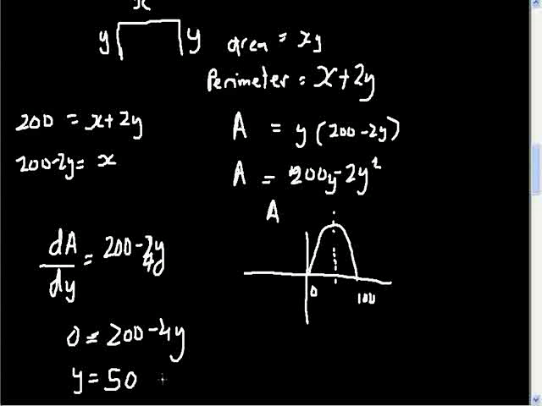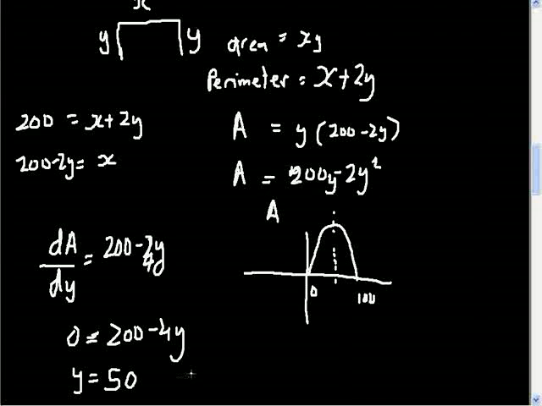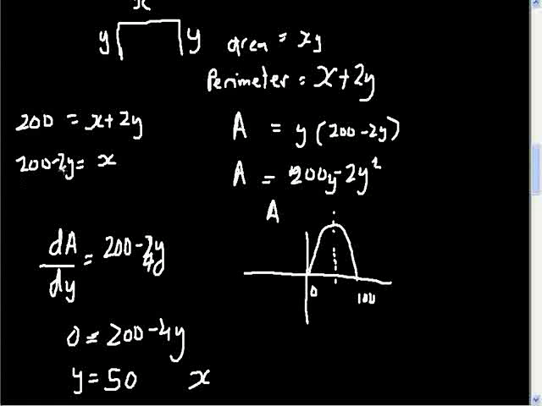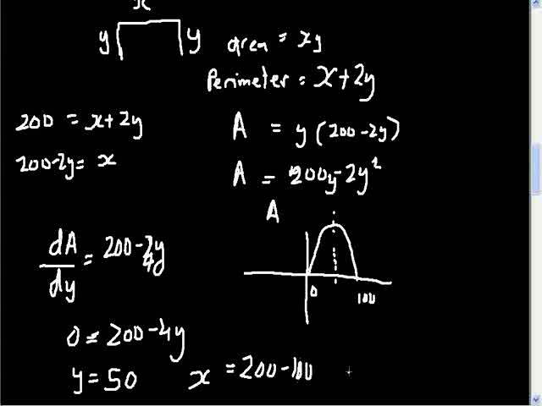So when y is equal to 50, what's x equal to? To work out the length of my other side, x will be equal to 200 minus 2y, so that'll be 200 minus 100, x will be equal to 100.